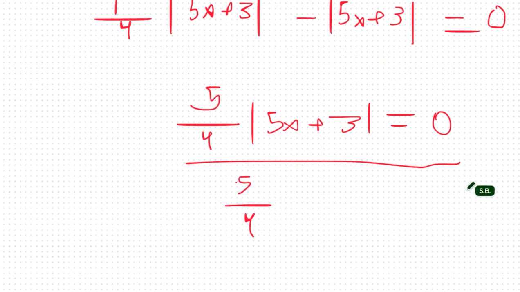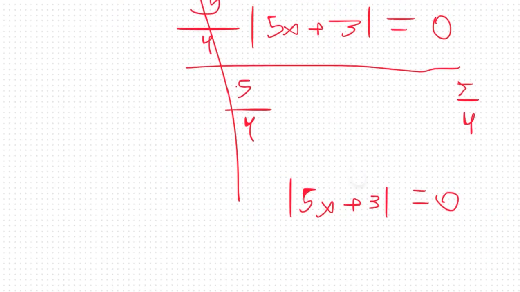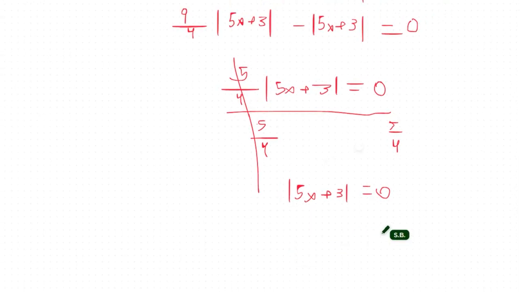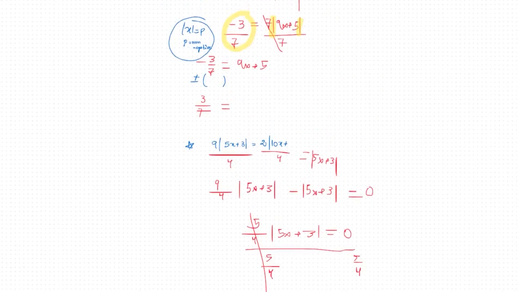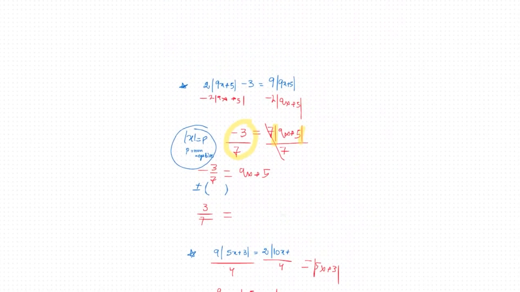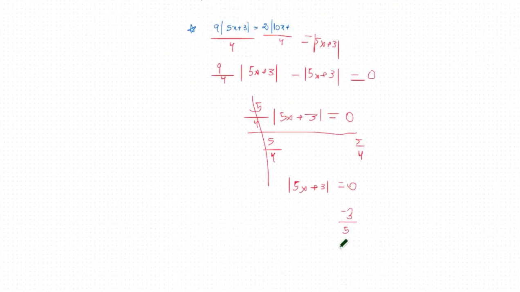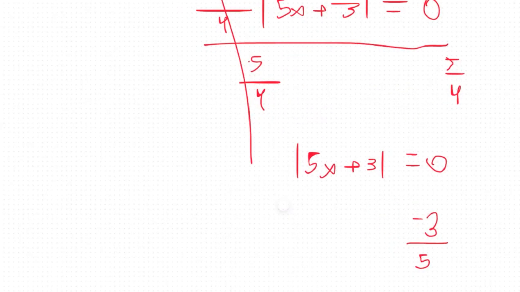X is negative 3 over 5. So these are some questions. You can verify it and check if the answer is correct.